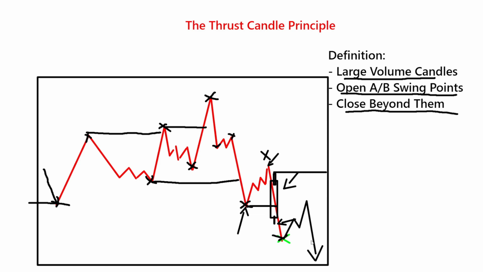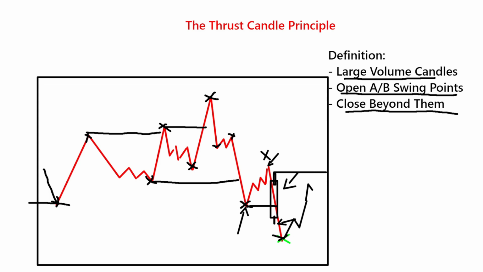So if we want to go short, do not place your stop loss above the swing point, not only because you have a high degree of probability of getting slipped, but also because if the market wants to stop you out, it's going to trade above the swing point here, and there is a degree of probability that it is then going to move lower.